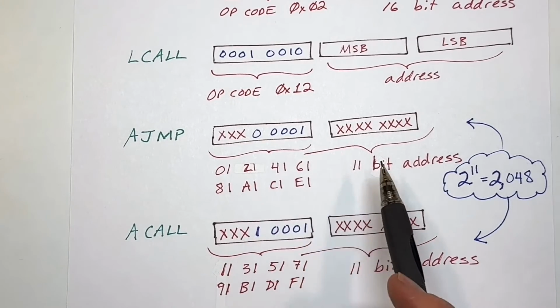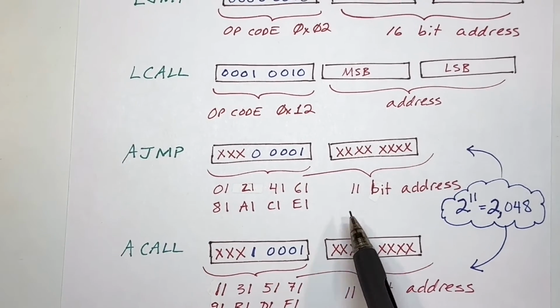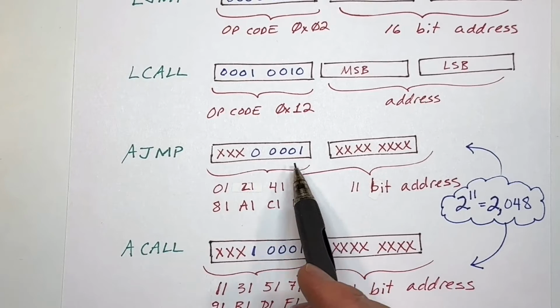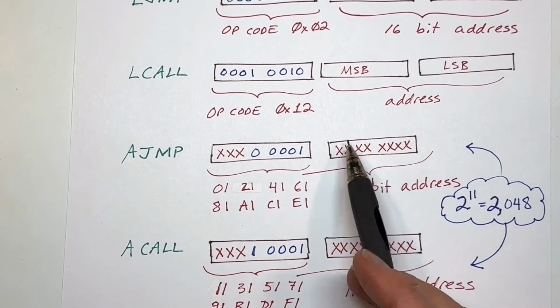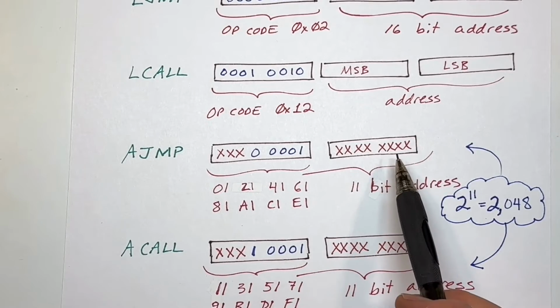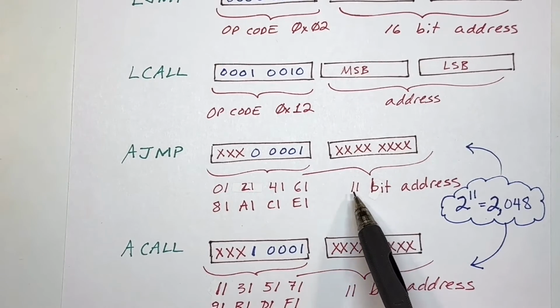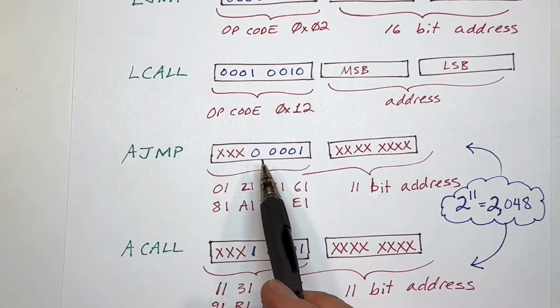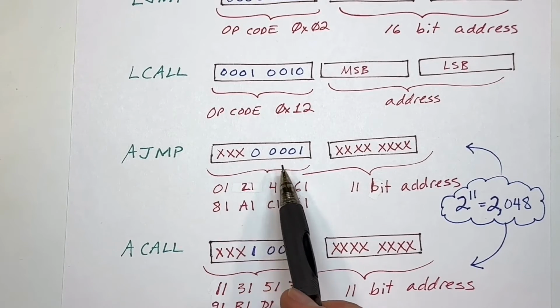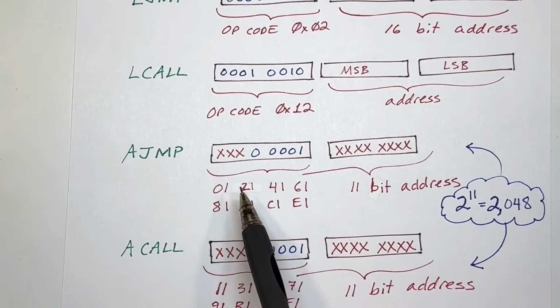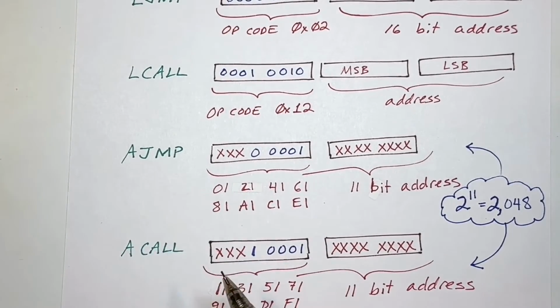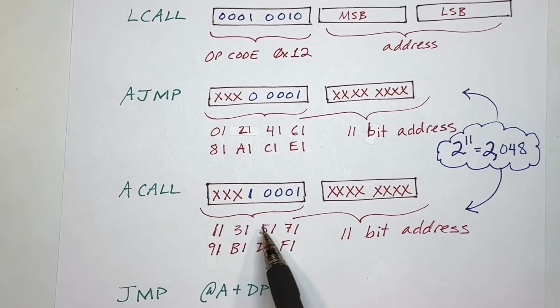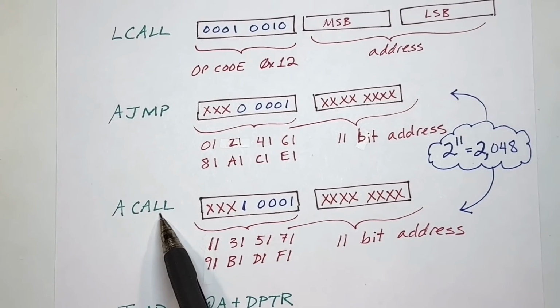This is a pretty tight encoding, and you can see that using 3 of the bits in the opcode in order to combine with the 8 bits of this byte here for 11 bits uses up quite a few of the different opcode combinations, and in fact it uses 8 different opcodes for the absolute jump and another 8 opcodes for the absolute call instruction.